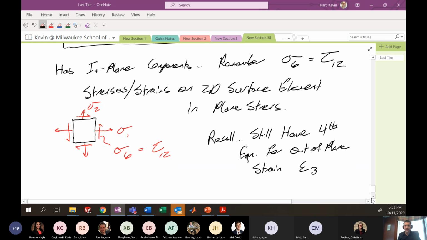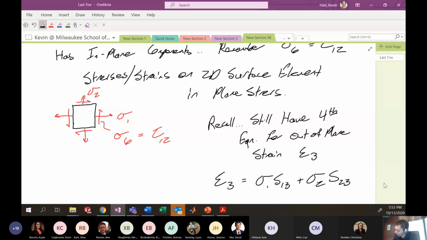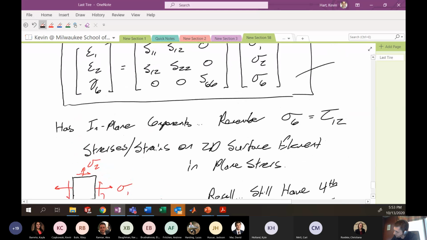Remember, when we're in plane stress, we have 0 stress out of plane, but we do not have 0 strain out of plane. That's something you should have learned in 3005. And remember we drew this above, that your out of plane strain in the 3 direction is sigma 1 S13 plus sigma 2 S23. So this equation still exists, even though it's not represented in our planar representation of the stress state.